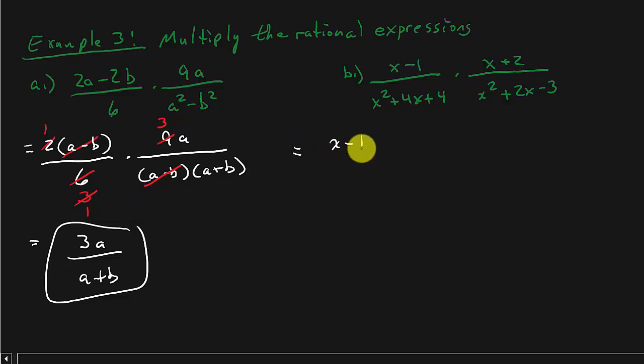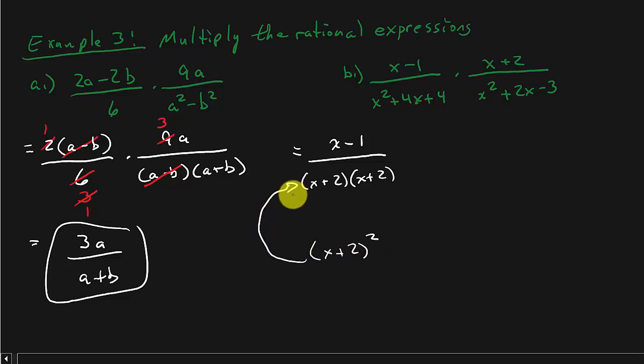So this is x minus 1 over, this factors into x plus 2 times x plus 2. Now, I know this one factors into x plus 2 squared. So you might be thinking, well, why did you write it like that? Well, there's a lot of times when you factor that, you're going to want to factor it like this.